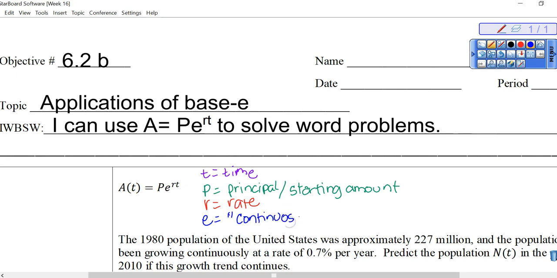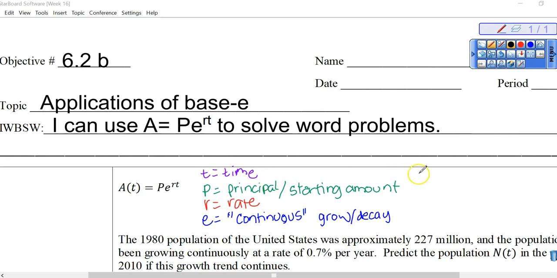Whether it's continuous growth or continuous decay, you're looking for the word continuous. It could grow, it can decay, it can expand, it can decompose. So it might be different versions of growth and decay, but definitely continuous.